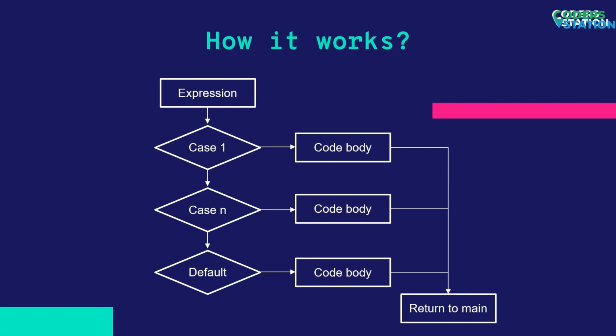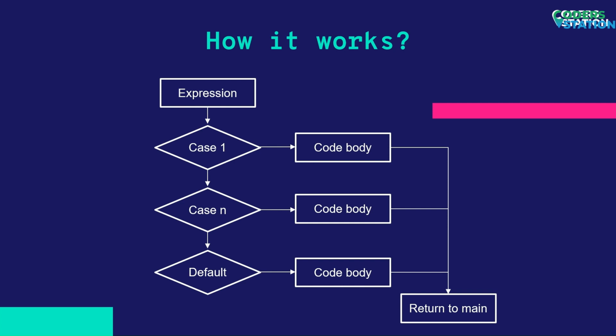In a switch statement, first we will have a condition, and according to this, we will determine the cases which are to be executed. There are multiple cases, you can have n number of cases. First we will go through our expression, then case 1 will be checked.